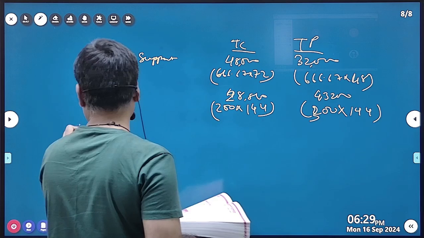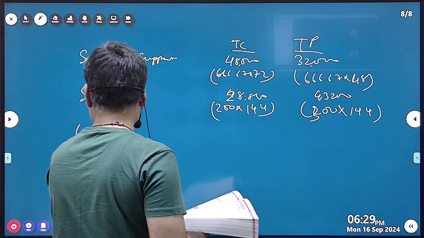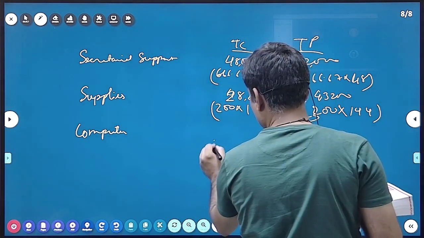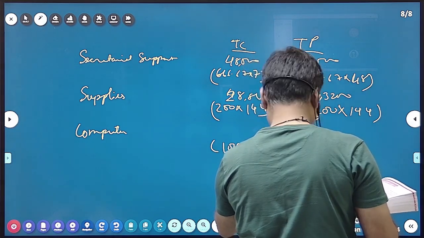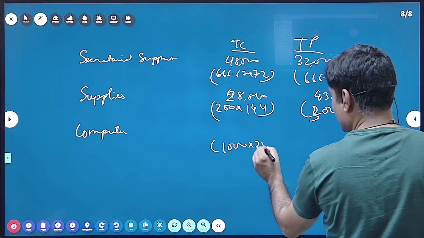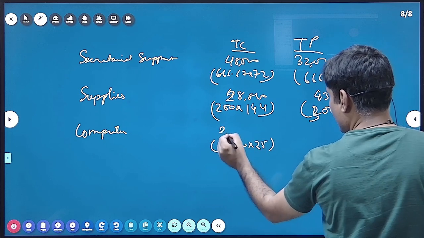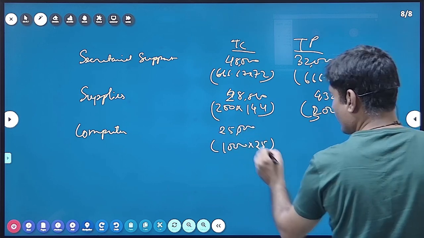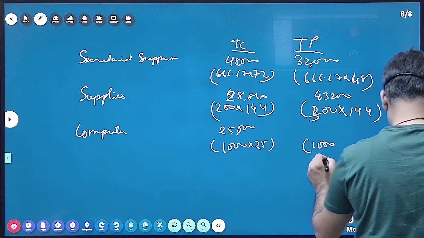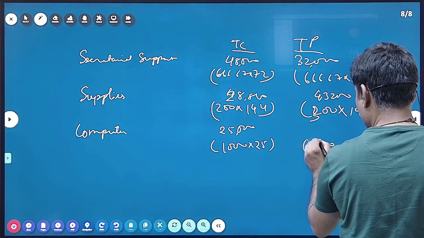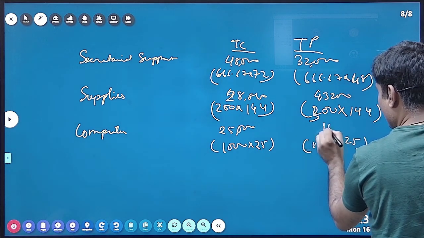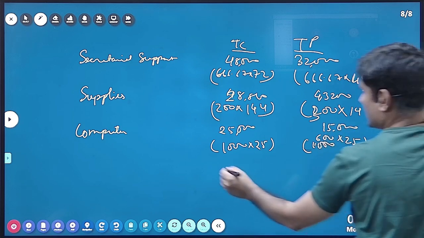Then computer depreciation. Computer, how much is 1000 hours? What was the rate? 25. So what is the cost?